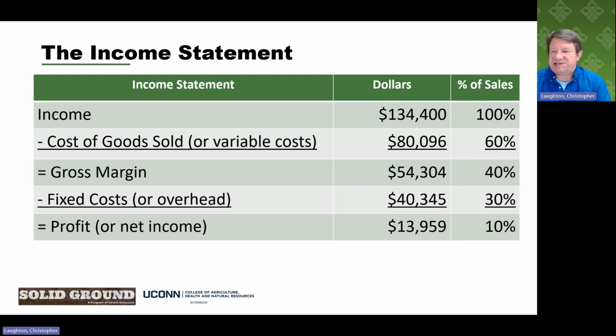Cost of goods sold came to 60% of sales. So that means that for every dollar we sold of product, 60 cents of that dollar went to produce that product. That left us with a margin of 40 cents or 40%. And then 30% of that went to overhead, our office expenses, our owner draw, our advertising, our depreciation. And then that left us with a net profit of about 10%.